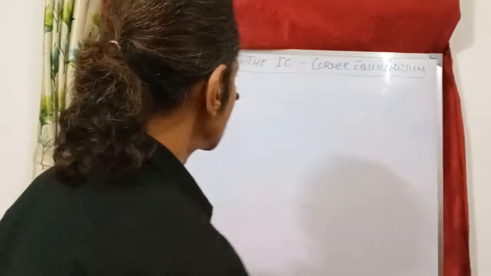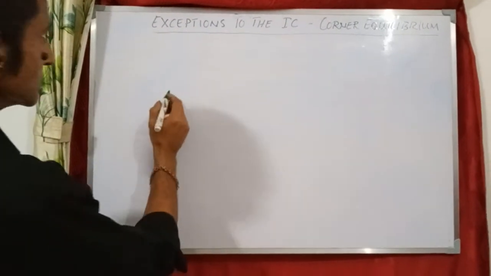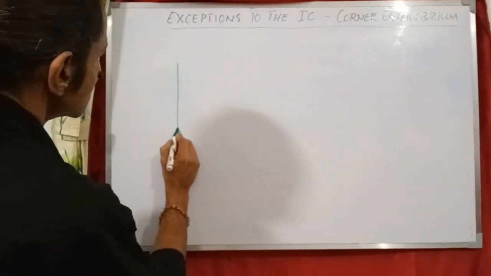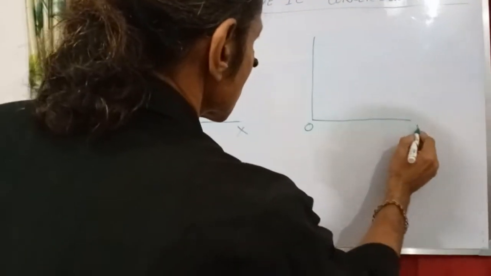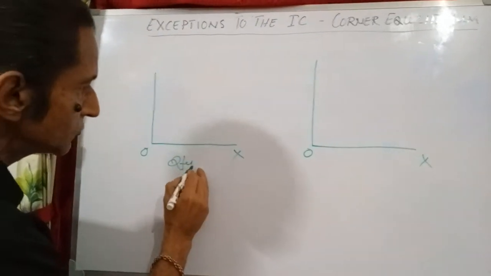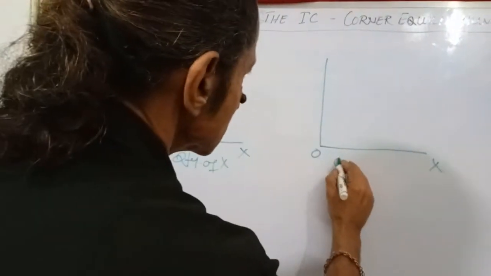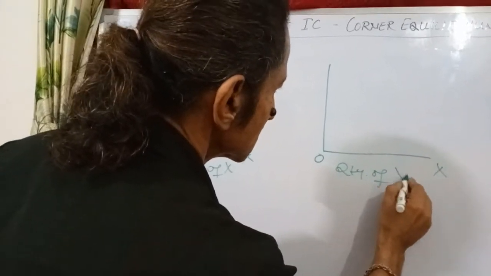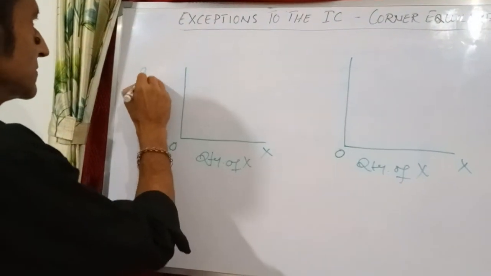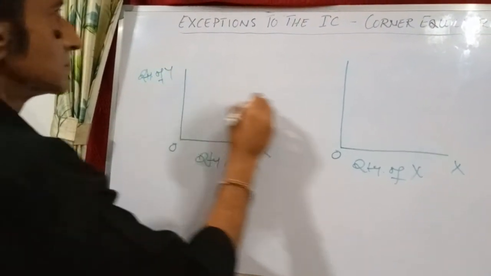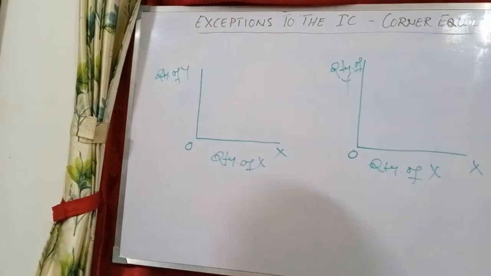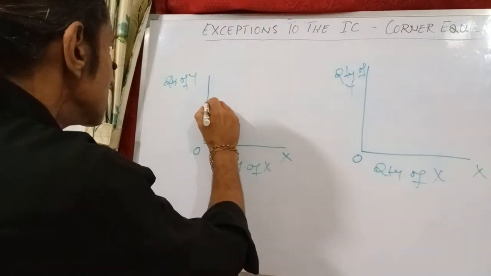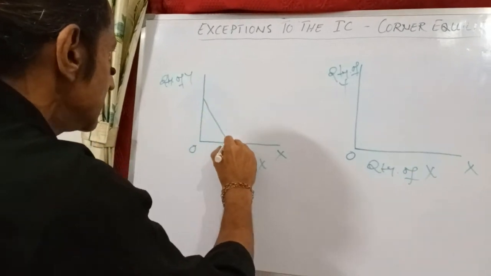Let me draw two diagrams. On the x-axis we measure quantity of X as usual, and on the y-axis we measure quantity of Y. Now, let this be the budget line in this diagram.